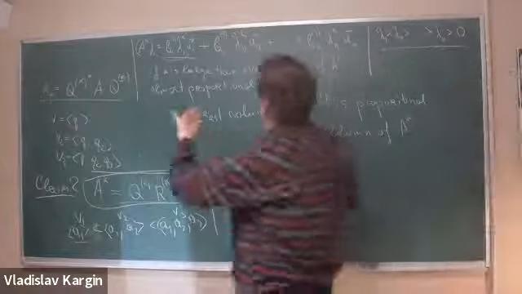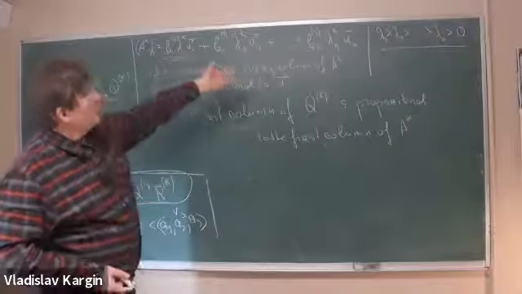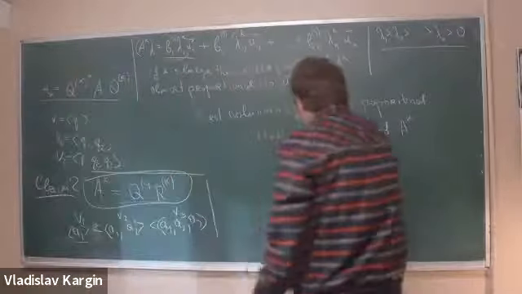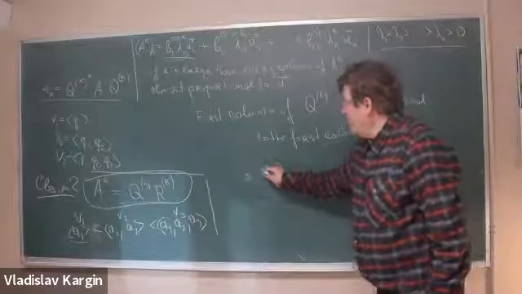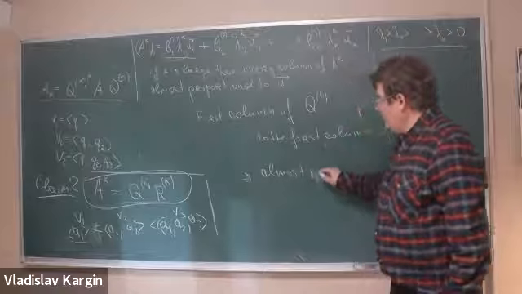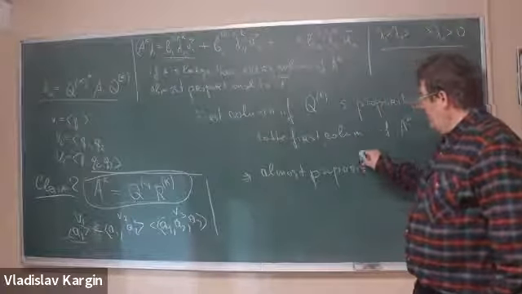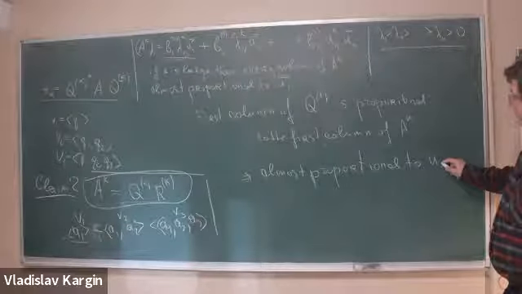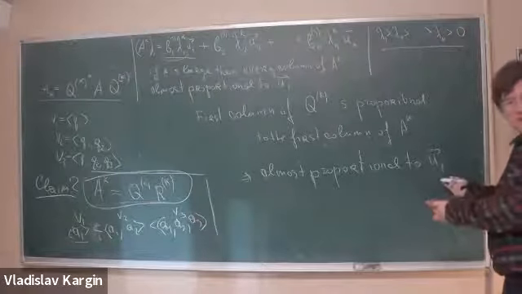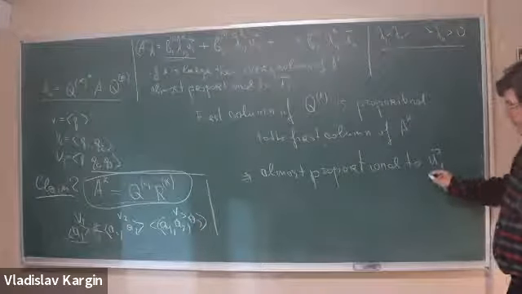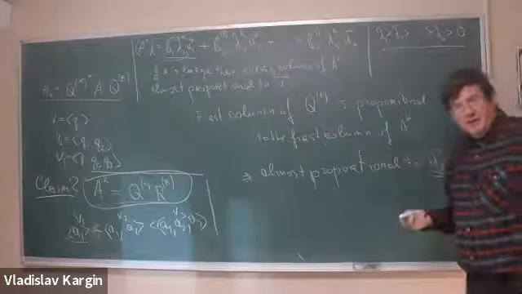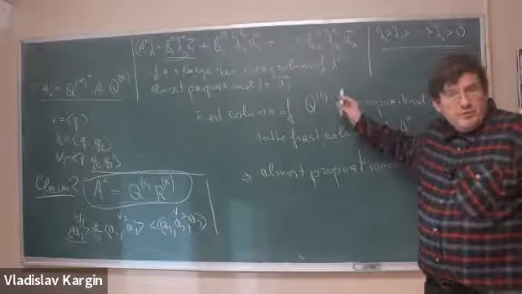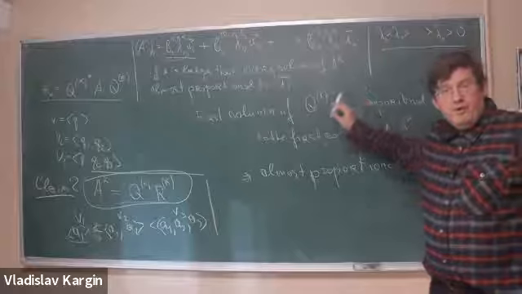But after that, we go back here and say, if K is large, then every column of AK is almost proportional to U1, to the first eigenvector of the matrix A. Remember, U1 is the first eigenvector of the matrix A. It will be clear later why we bother about this matrix.